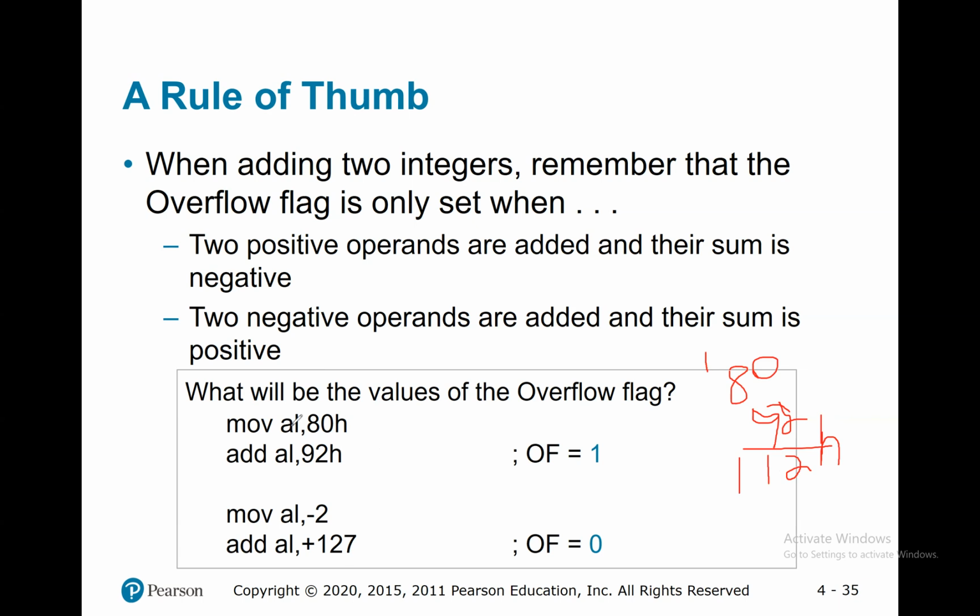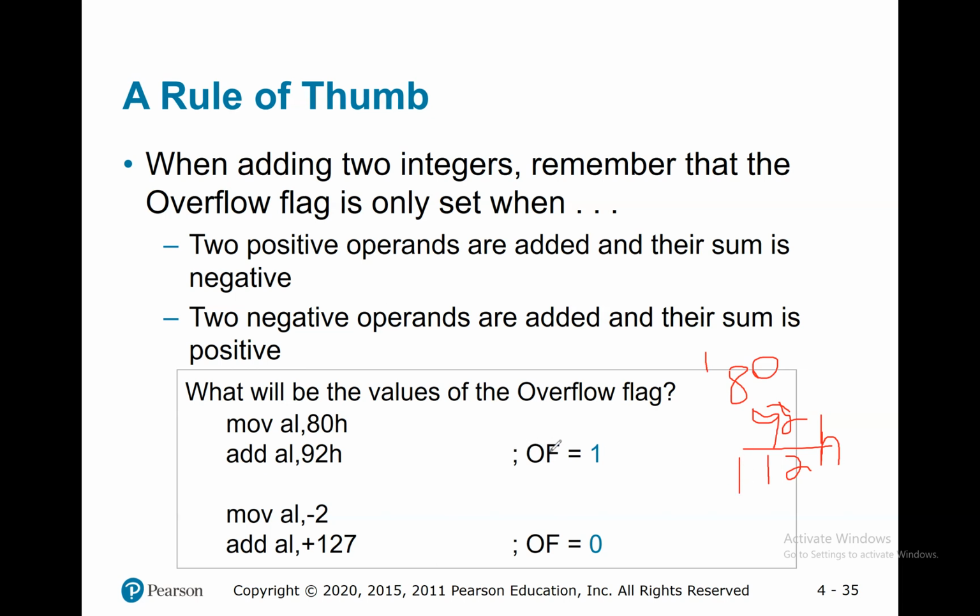Now, the problem here is that AL is only 8 bits, and 112 hexadecimal will not fit into 8 bits. What will happen is you're only going to see the 1 and the 2. You won't see this 1 right here. This is too small.